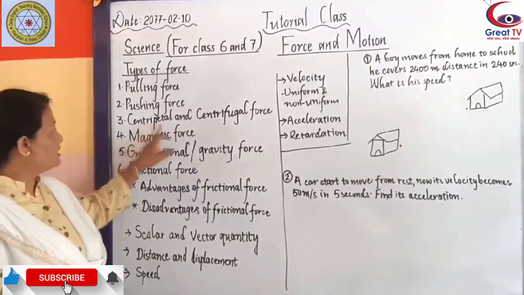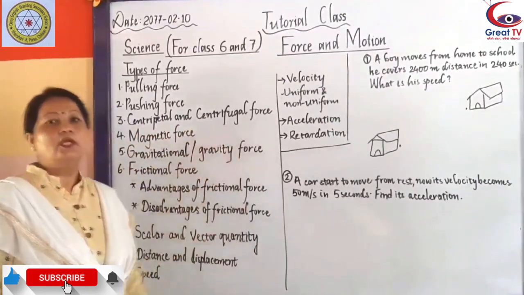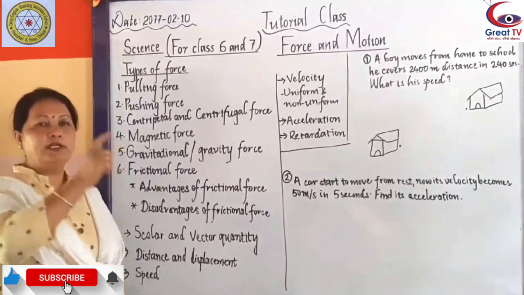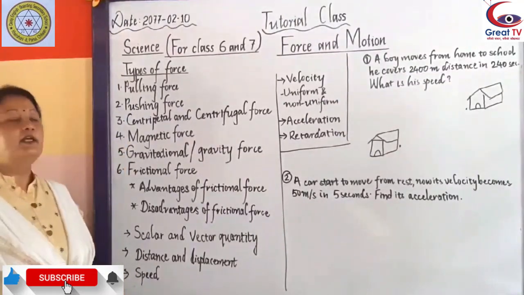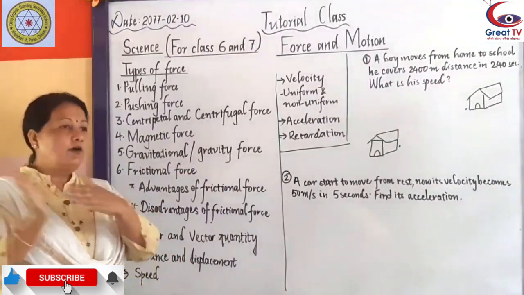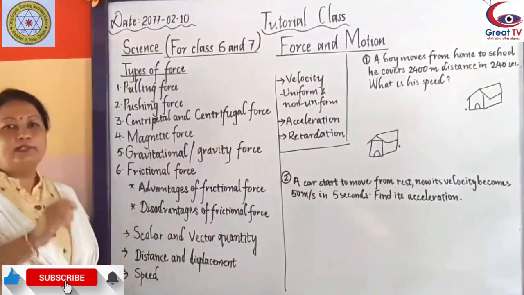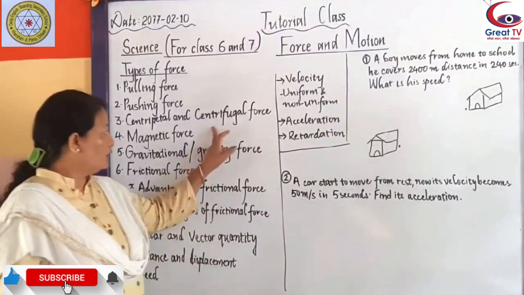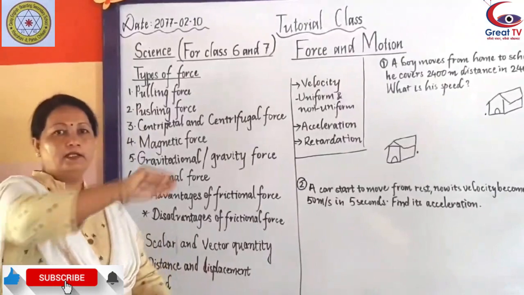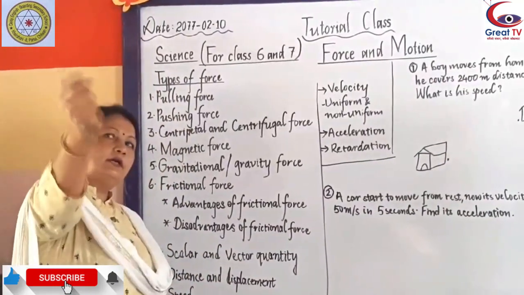Now third, centripetal and centrifugal force. The force which acts towards the center and keeps the body in a circular path is called centripetal force, as well as the force which acts away from the center while moving in a circular path is called centrifugal force. Tie a stone with a thread and move it around.